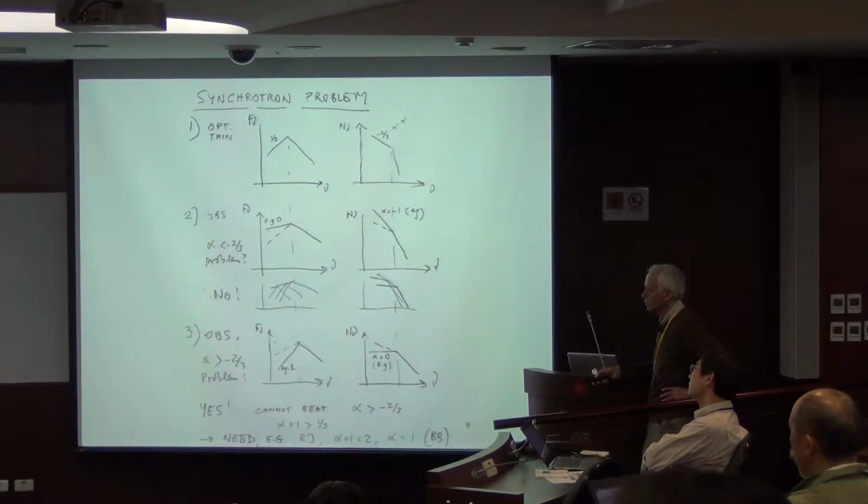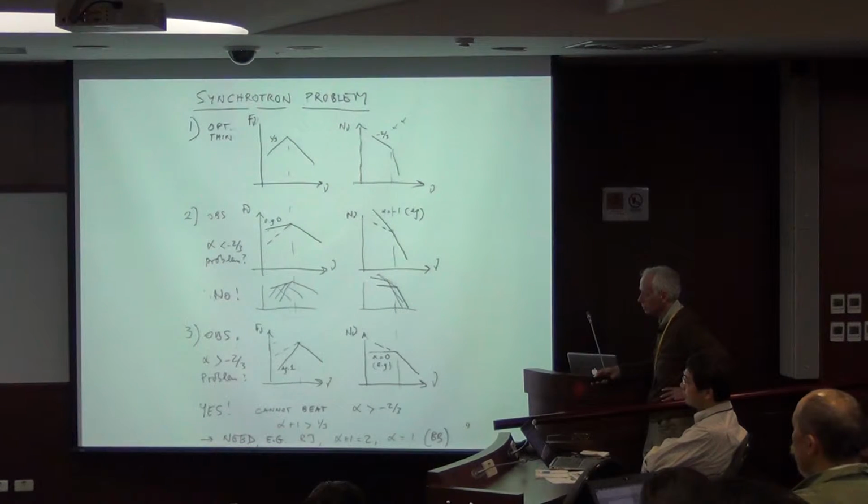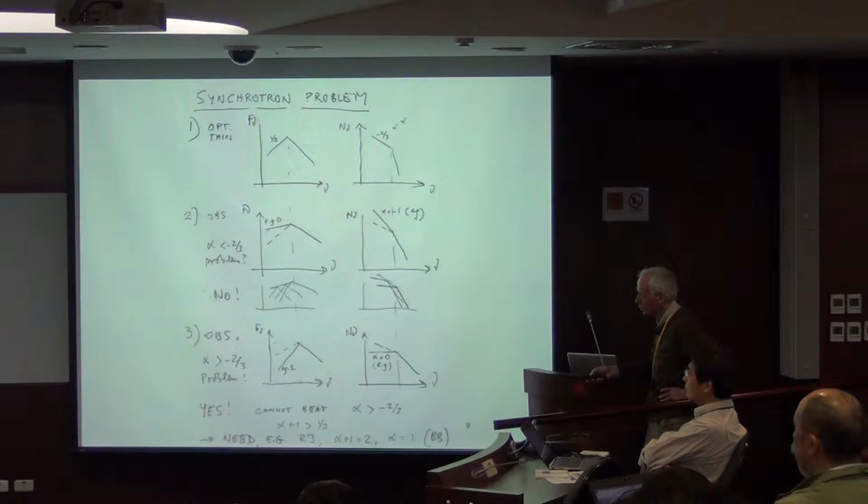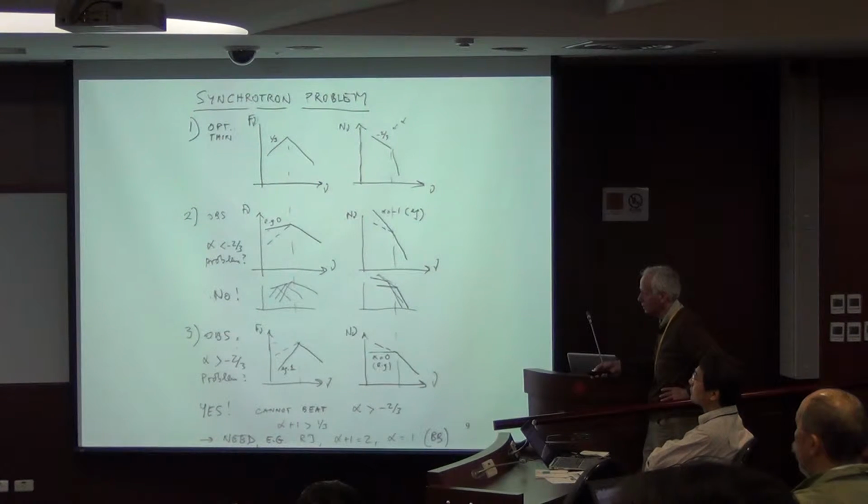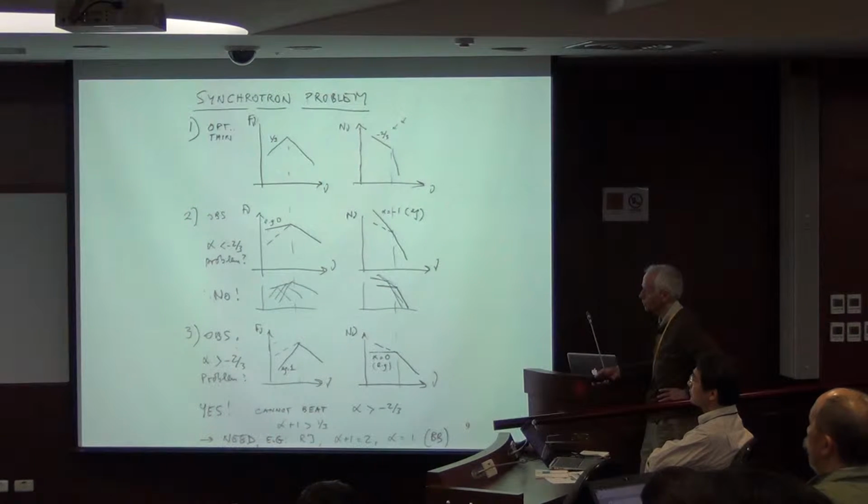The problem is when you have values of alpha which are greater than minus 2/3 or which are steeper than 1/3. That is essentially impossible to cover with a distribution of gamma mins, because no matter how you arrange these guys here, you can never make them steeper than 1/3.